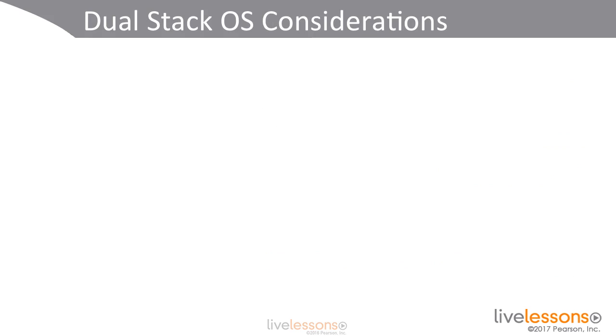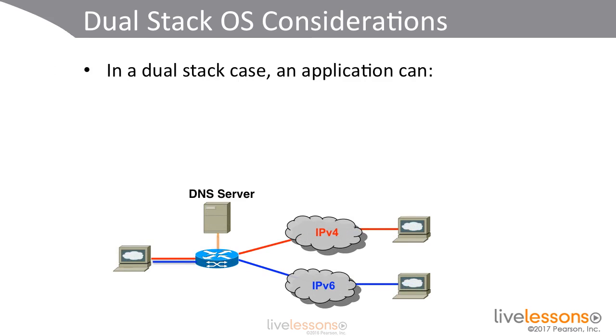Some other considerations for a dual stack environment. In this particular setup, we have a dual stack host with a DNS server connected to v4 and v6 networks. The host does a query, and when it does this query, it asks for either IPv4 or IPv6 or both records.